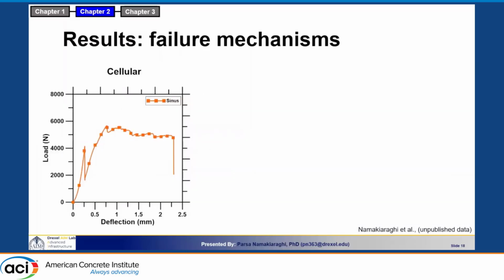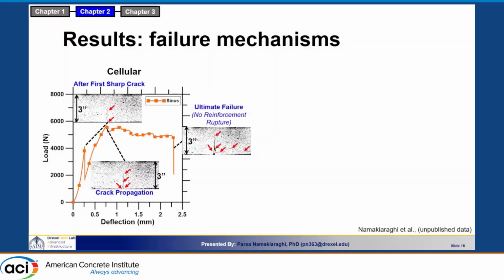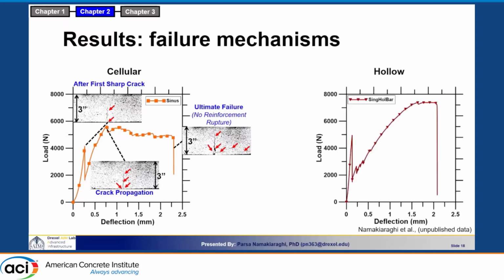So based on this, we went back and looked at the different crack patterns that we're seeing. In the case of the Kagami, one of the cellulars, we did not have reinforcement rupture, but the main reason of sharp failure at the end was actually failure at the cover, which we got from many of our samples in cellular.